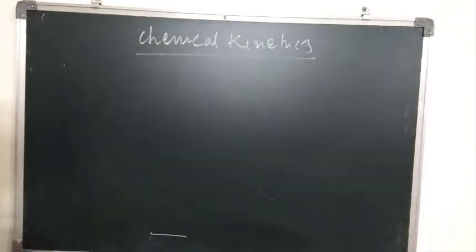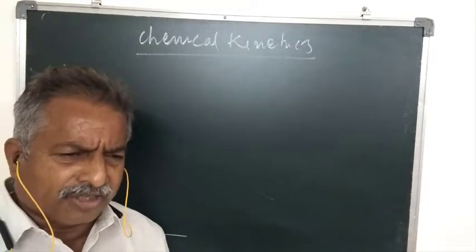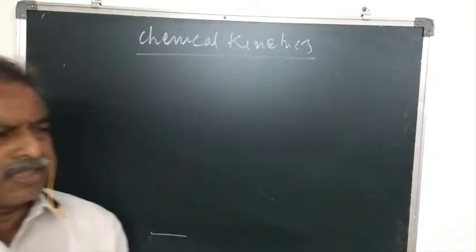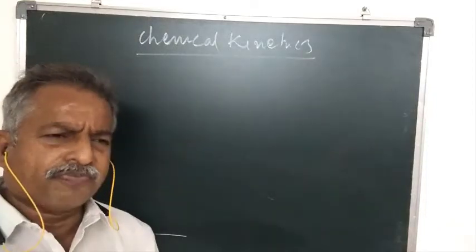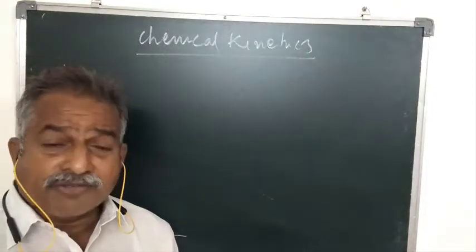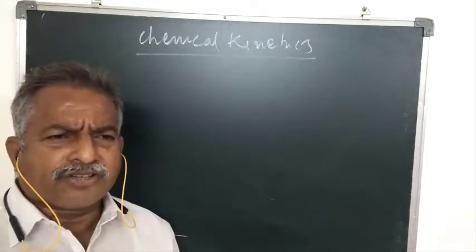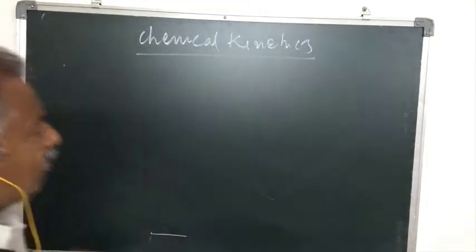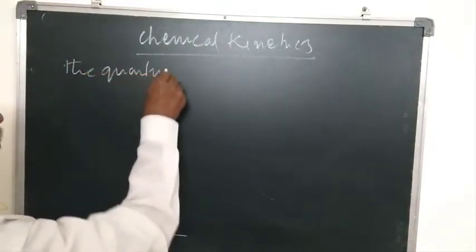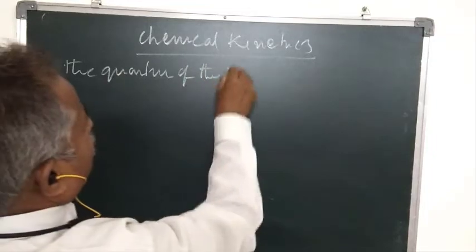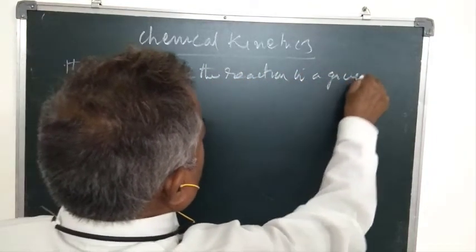Now, whenever we consider a reaction, we can find how fast the reaction completes, or the reaction conditions, or sometimes we may find the quantum of the reaction completed in a given time.